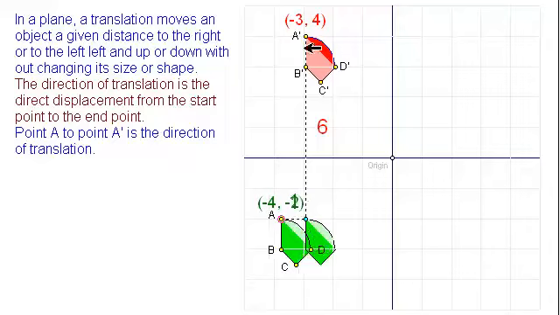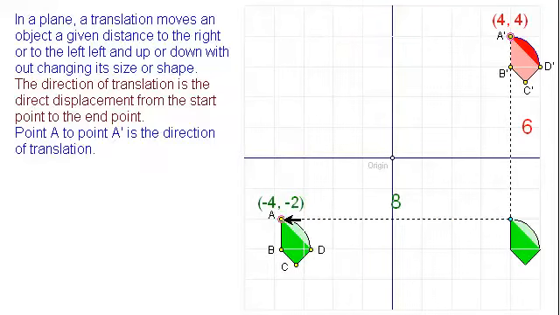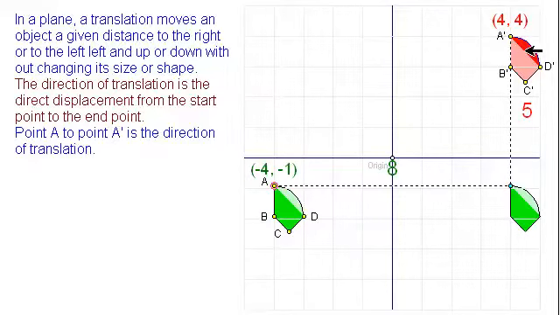But the question is, let me move one more time to here. Let us keep it this way. I'm going to move it here 7 units, or let me make it 8 units.